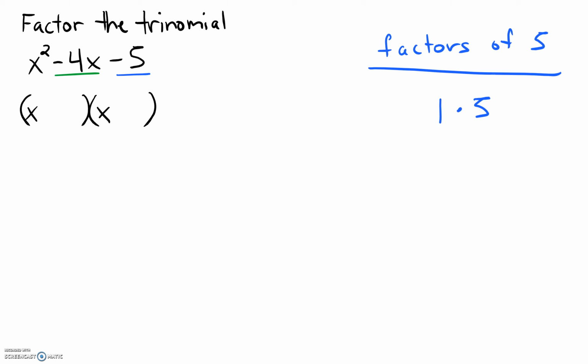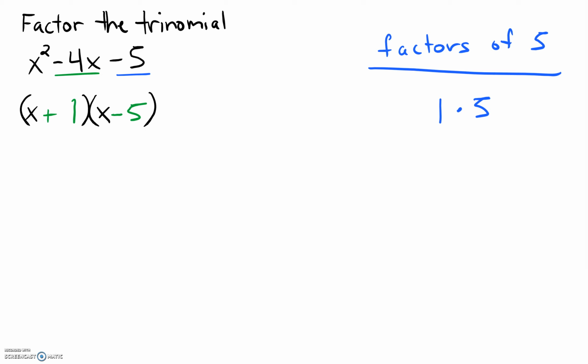And so what we can do is put the 1 and the 5, because those are the factors, and it's going to be positive 1 minus 5. That's the only way to combine those two numbers and get a negative 4. In this particular case, we already have our signs, but you can also think of it a different way.